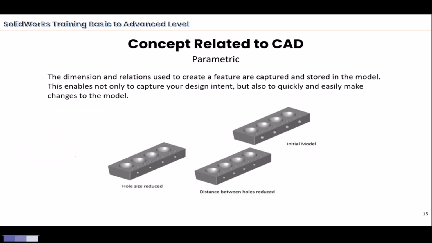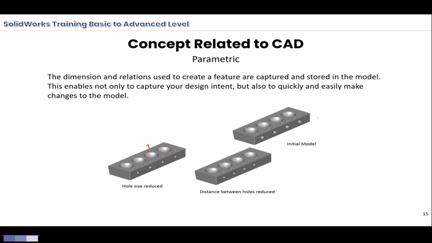Now next is parametric. I talked about design intent, right? It is a concept related to design intent only. Whenever we make a model, we do dimension plus relation in SolidWorks. Like this part that I've created now, we have designed this part, so there will be some dimensions we have made.